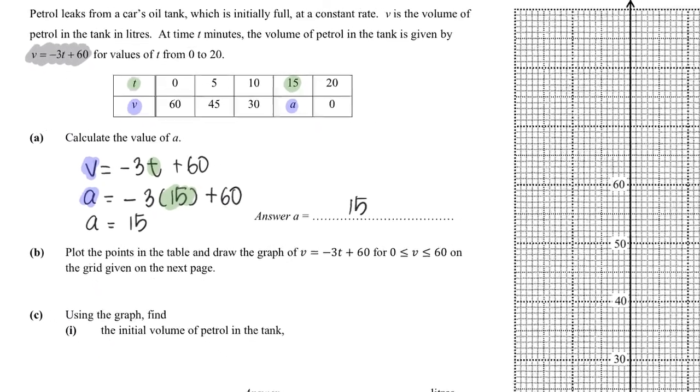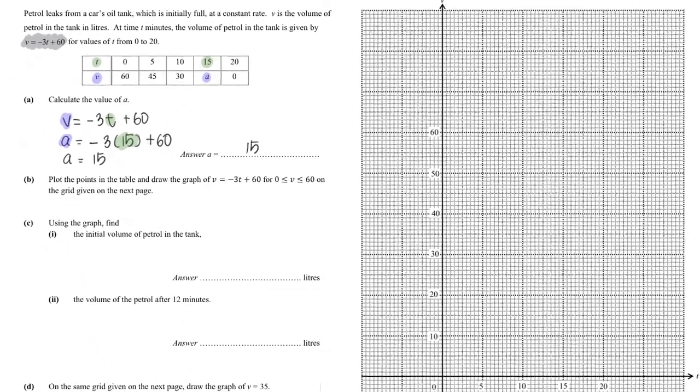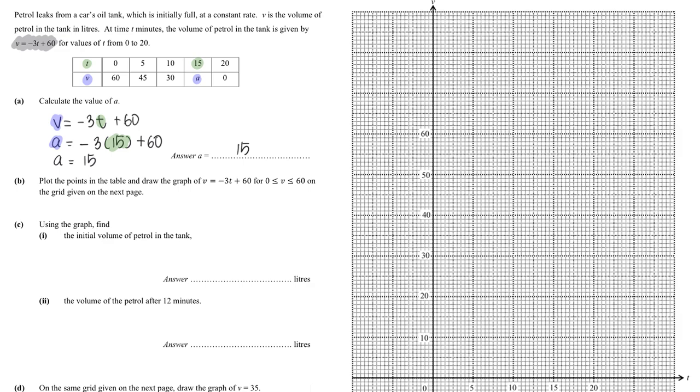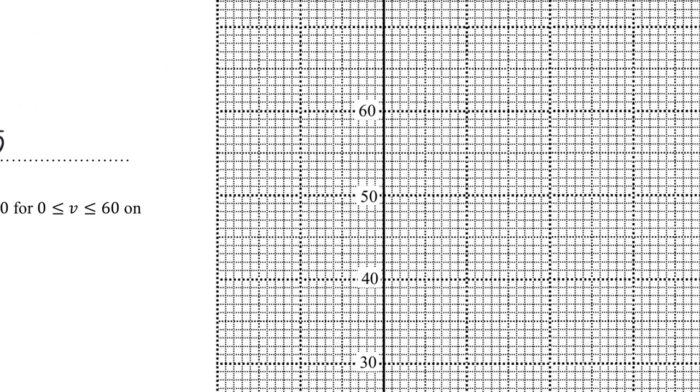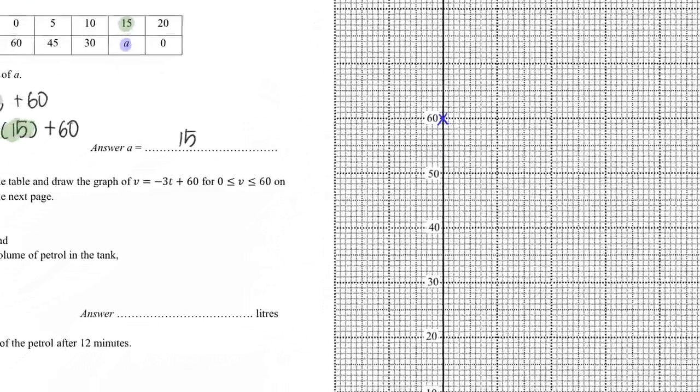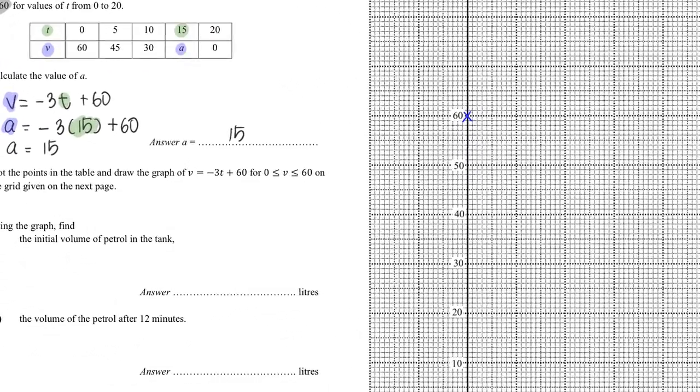Now, we're supposed to plot this particular graph onto the grid here. So let's start plotting. The first point, T is 0 when V is 60. So it will be this point here. I'm going to plot with a blue color line. 5 and 54.